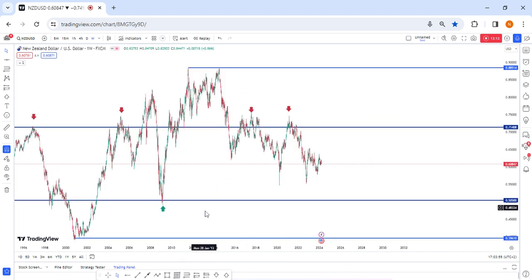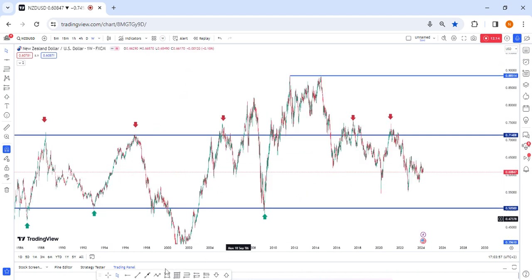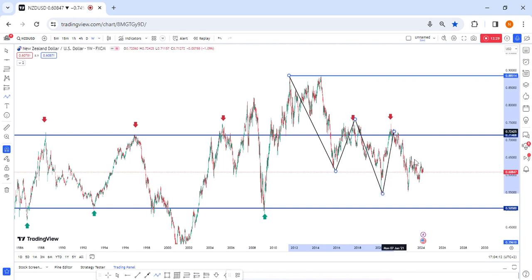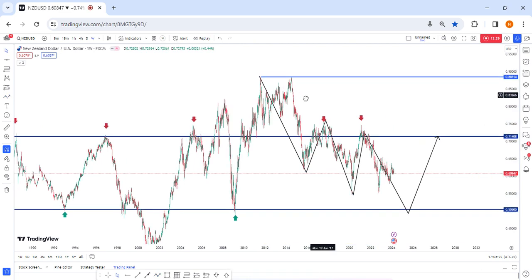So if we're going to make a prediction, a forecast as to what was going to happen on the New Zealand US dollar on the weekly time frame, we would be able to assume that hey, maybe price is going to do something like this, push to the downside here, come around this level here, and then you might see it pushing up. Whether it goes further down or breaks up, we'll only know in future.